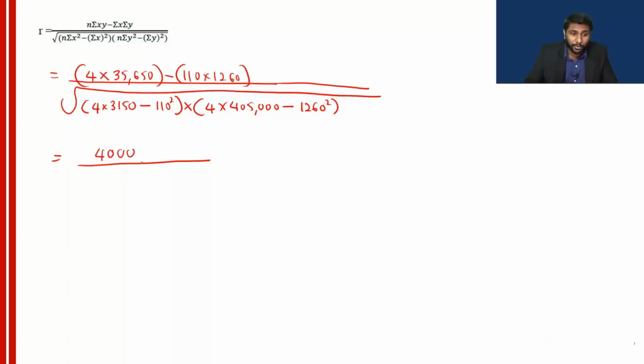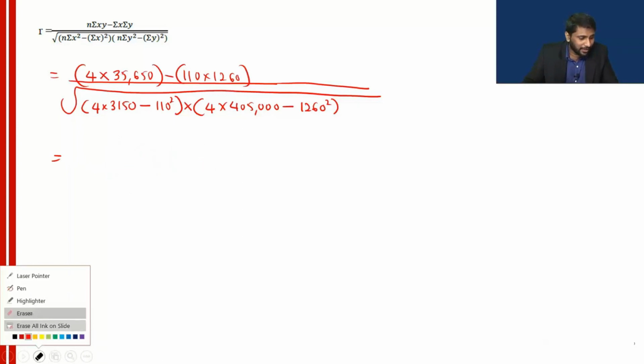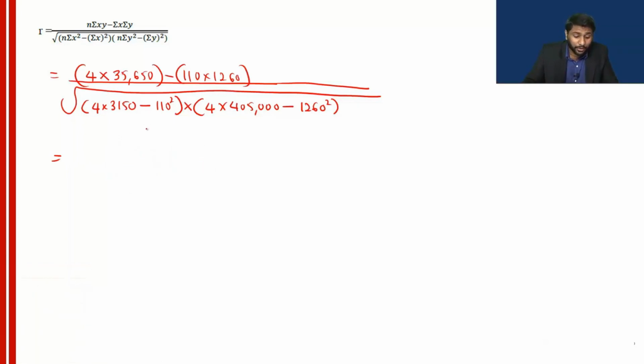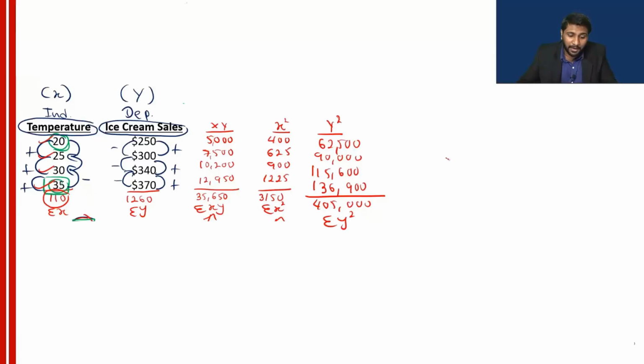I want to get the exact answer, so I'll do it in the calculator directly. For the denominator I'm getting 4024.92. So let's get the answer: 4000 divided by that answer. I am getting 0.99. So for this particular example, we calculated the R value as plus 0.99.